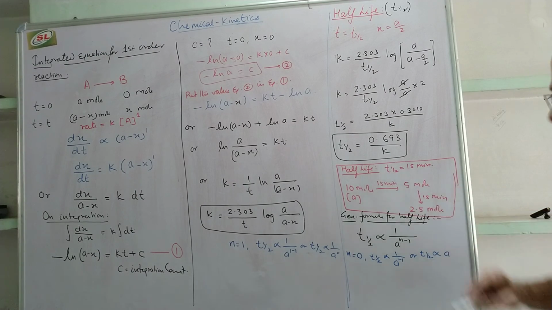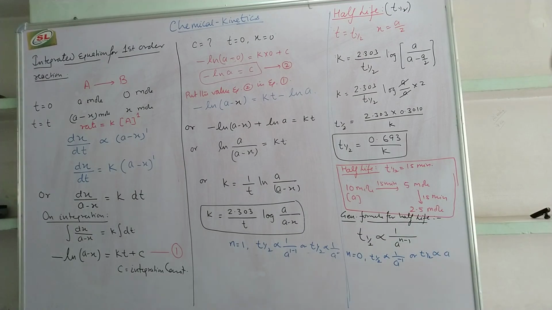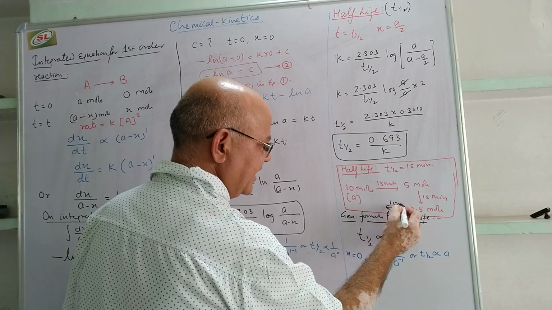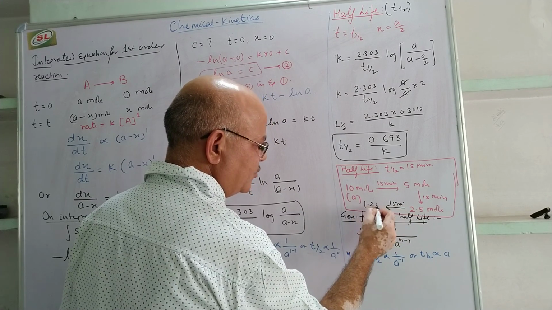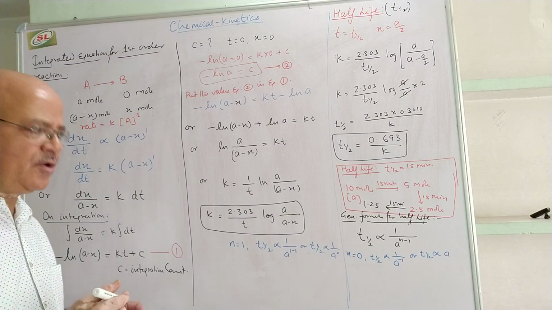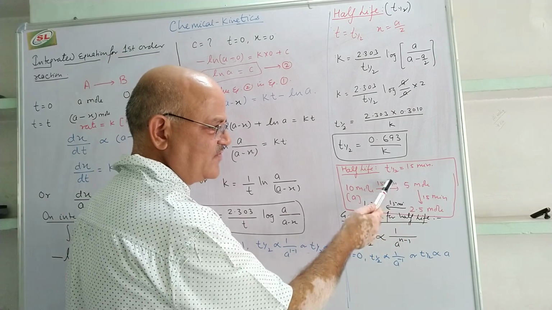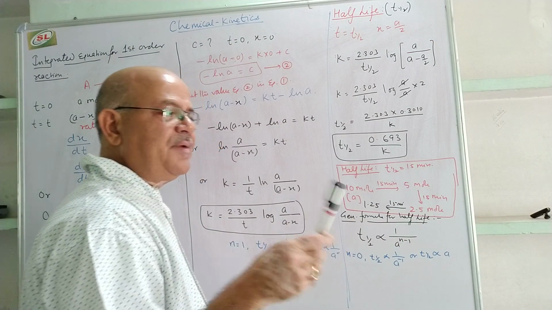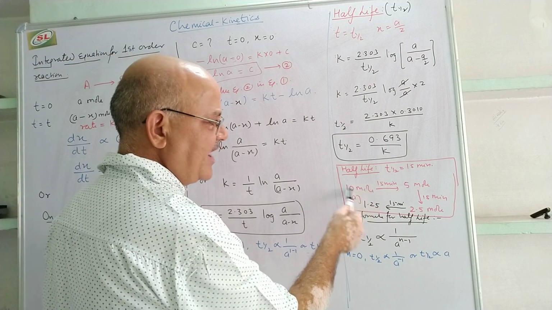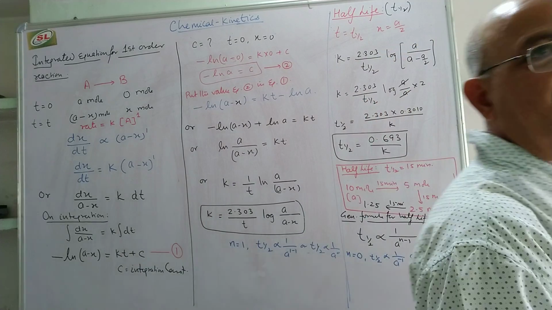Next, after 15 minutes, it will become 2.5 moles. And next, after 15 minutes, it will be 1.25 moles. This is the basic meaning of half-life. That means after 3 half-lives, that is after 45 minutes, the 10 moles of reactant will remain 1.25 moles.